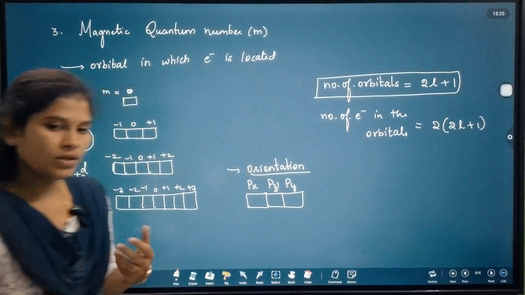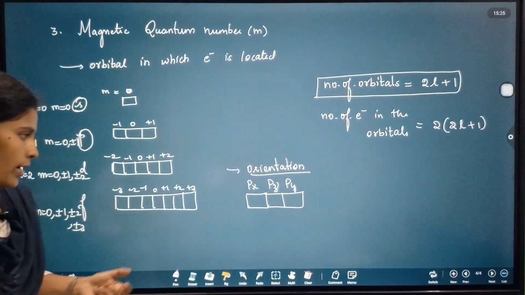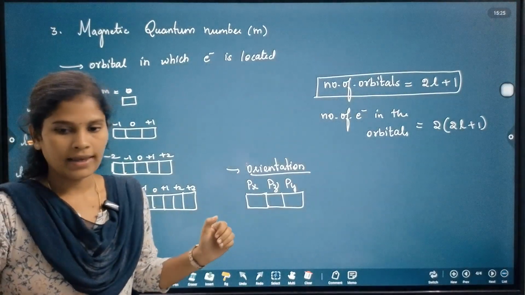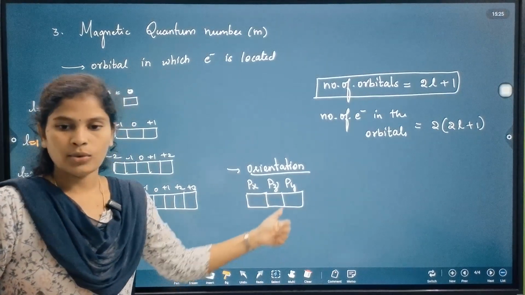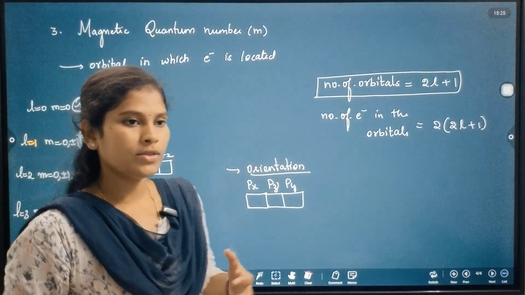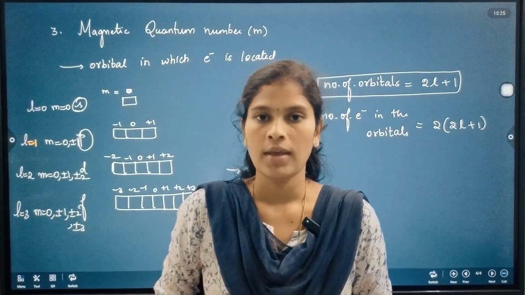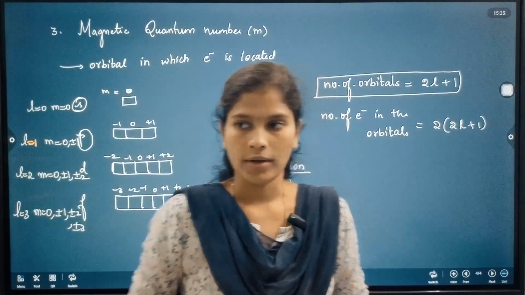So I have to know in which orbital the electron is located. If I know the magnetic quantum number, I can say it is -1, 0, or +1.